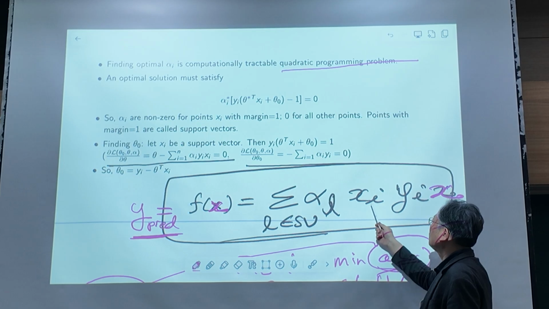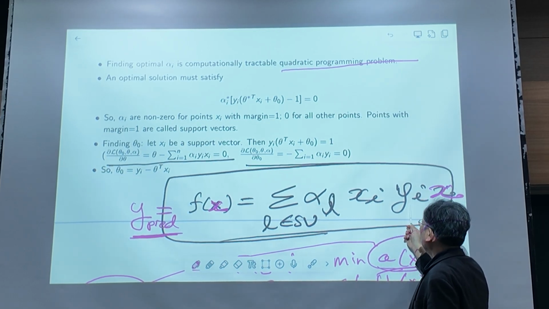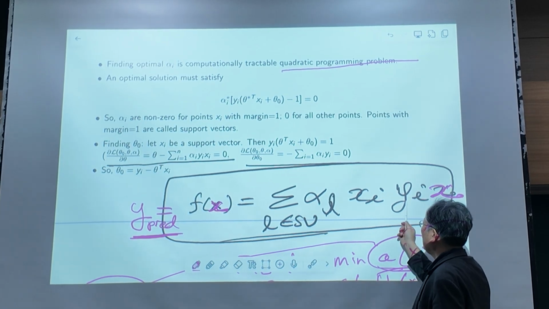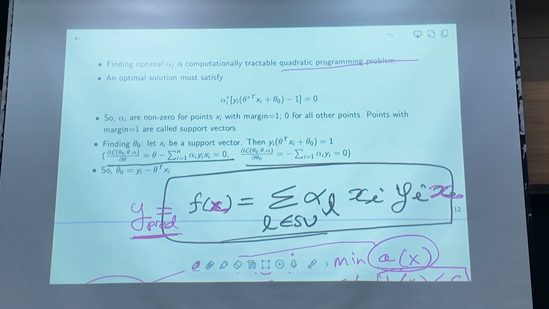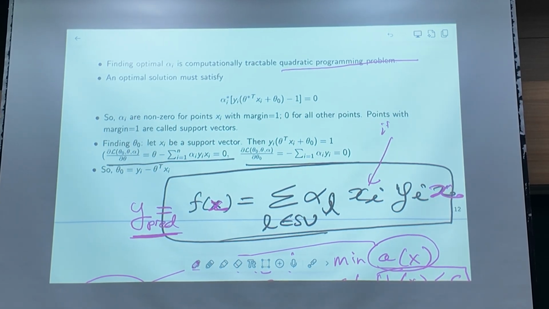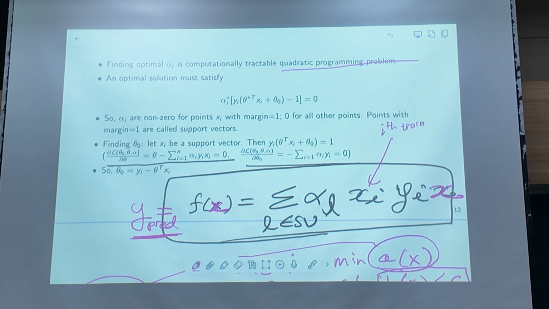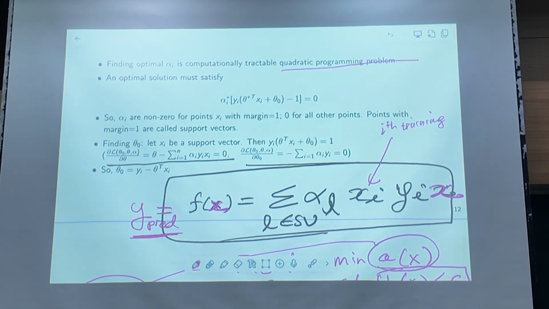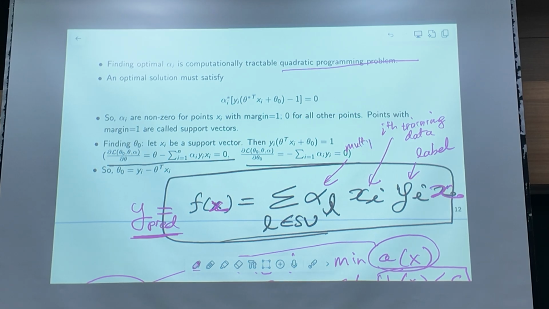It's going to have the data label, this is the ith training data, and that's the label, and that's the corresponding Lagrange multiplier. And that will be the input.